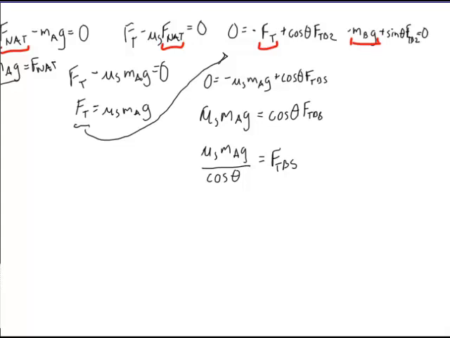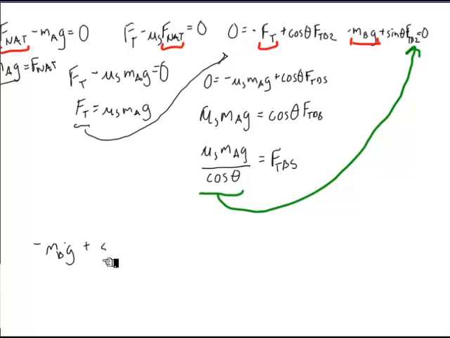Okay, and then this will finally go here. Negative MBG, so close, plus sine theta, substituting all this in, mu S MAG divided by cosine theta equals 0.